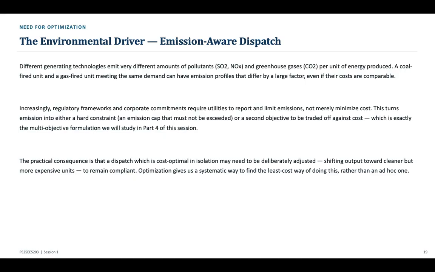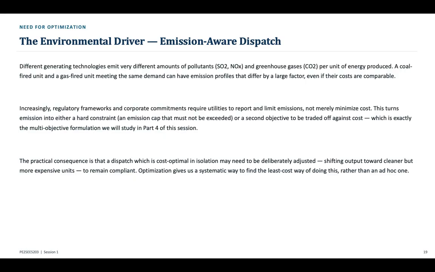Increasingly, regulatory frameworks and corporate commitments require utilities to report and limit emissions, not merely minimize cost. This turns emission into either a hard constraint, an emission cap that must not be exceeded, or a second objective to be traded off against cost, which is exactly the multiple objective formulation we are going to study in part 4 of today's session.